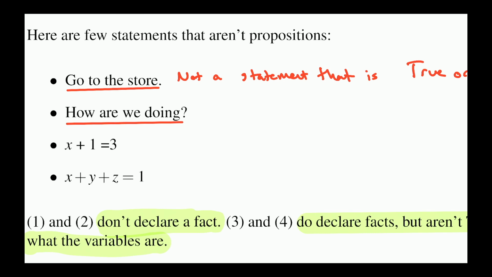Okay? But go to the store is not. You're telling somebody to go to a store. You're not claiming a fact. Same thing with how are we doing? Bad, but that's not the point. The point is that how are we doing is not a true or false statement. So it's just not a proposition.